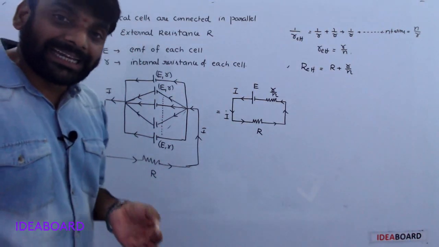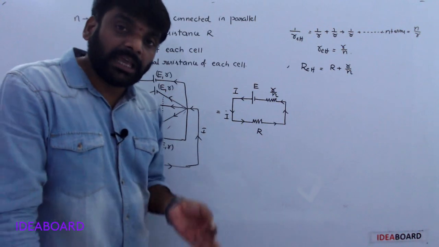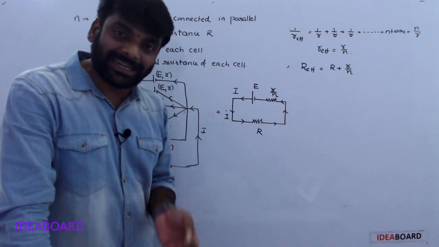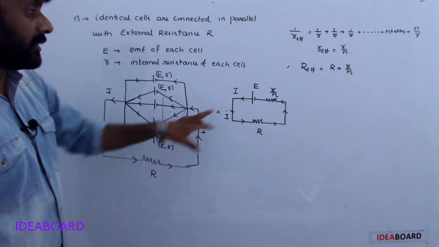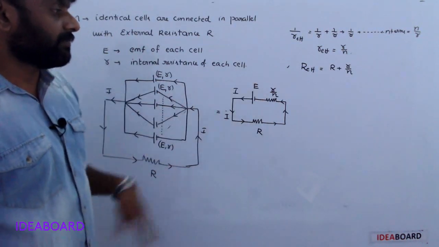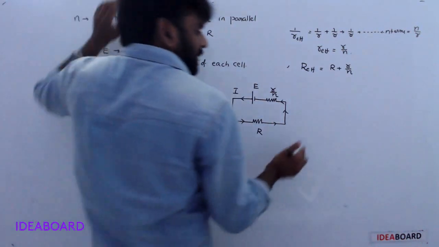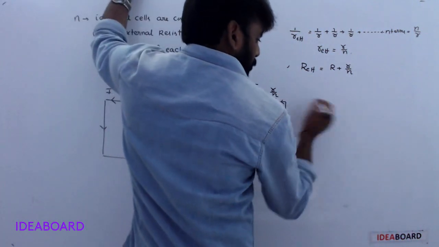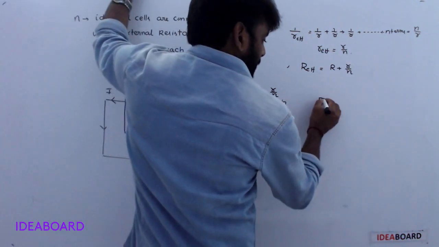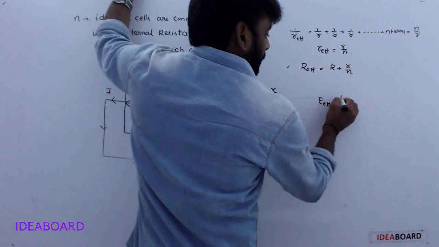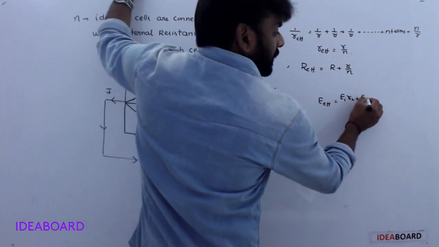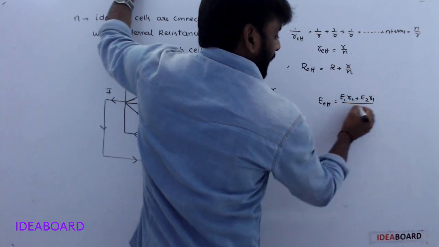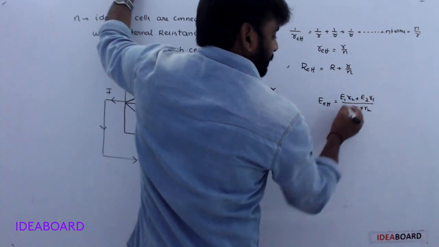Once again, N identical cells are connected in parallel. Each EMF is E, internal resistance is r. So here the EMF is the same because, for example, consider two cells. What is the effective EMF? E1 R2 plus E2 R1 by R1 plus R2.